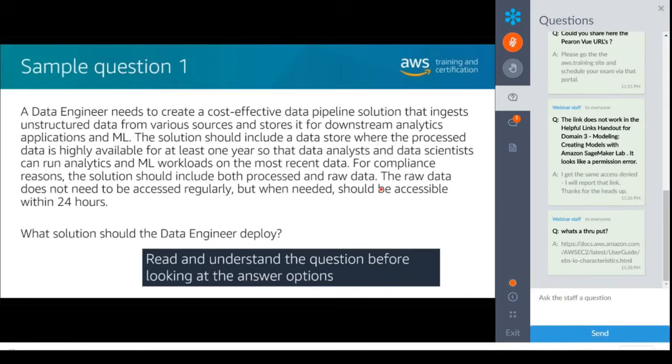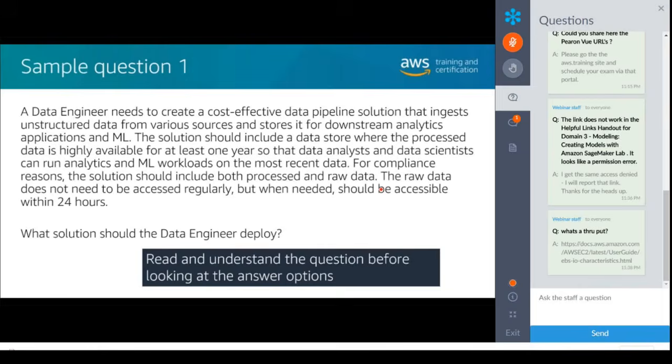For compliance reasons, the solution should include both processed and raw data. The raw data does not need to be accessed regularly, but when needed, should be accessible within 24 hours. See, immediately I already know the answer just by looking at that. But what solution should the data engineer deploy?